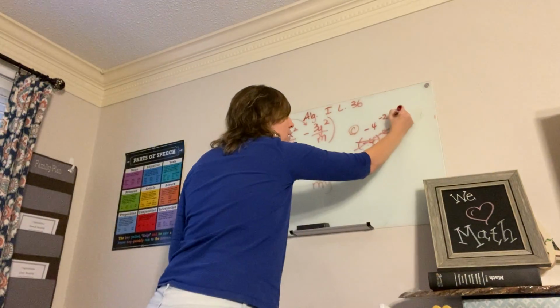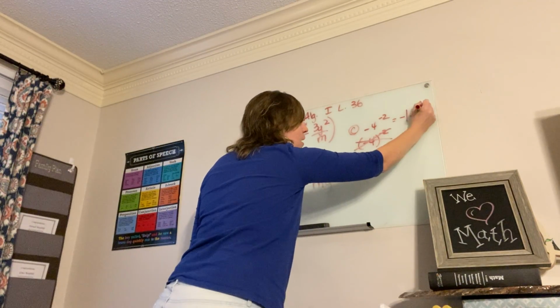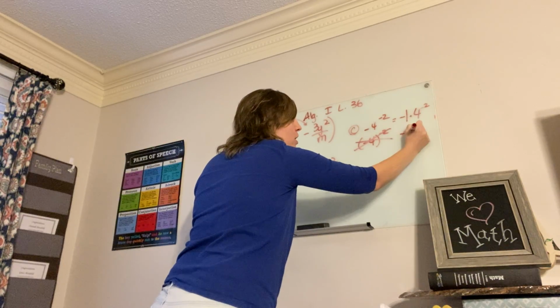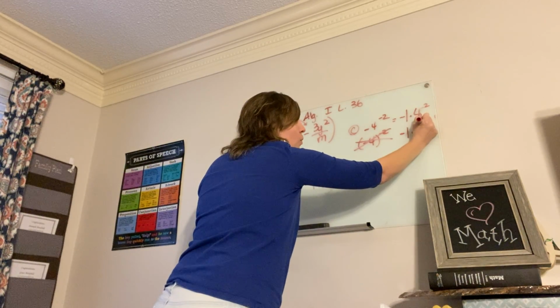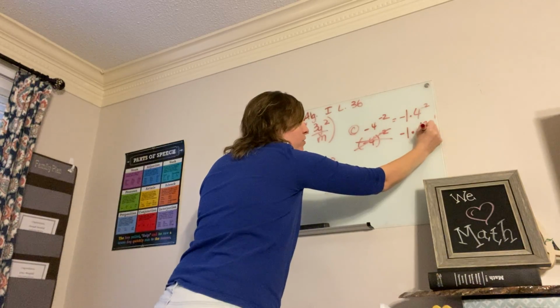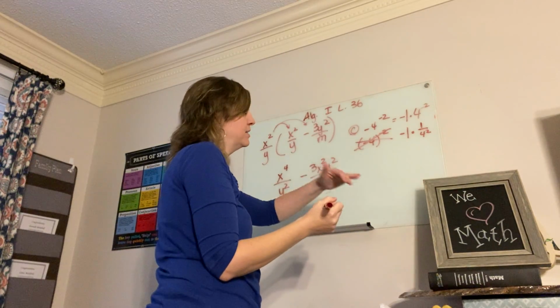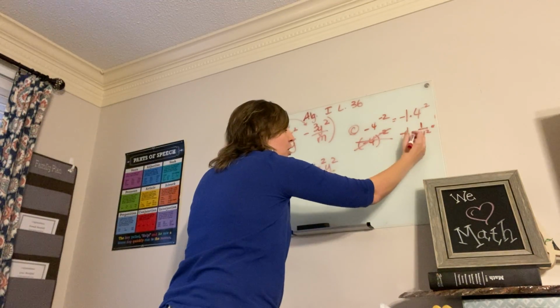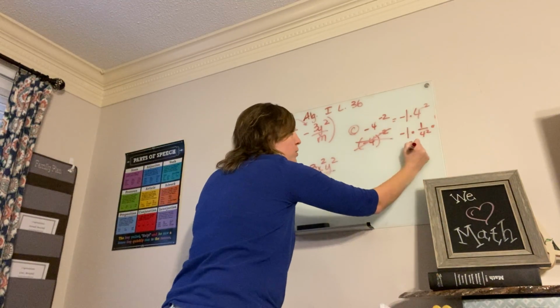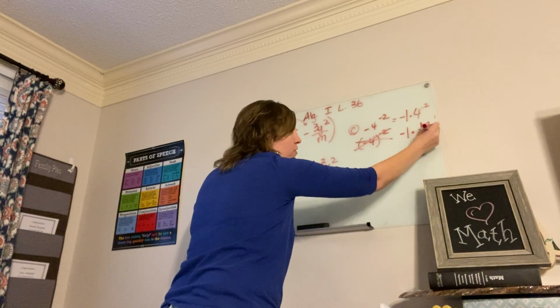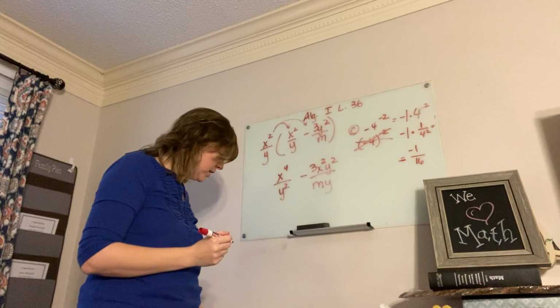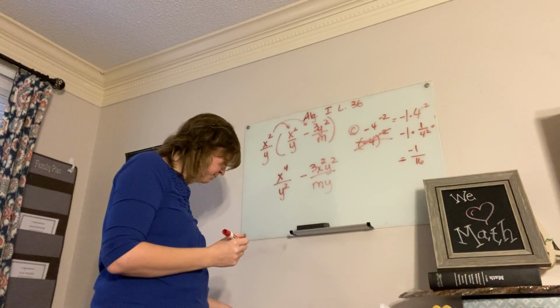So we could rewrite this as -1 times 4 to the -2, so -1 times 1 over 4 squared, because my base is just getting flipped down to the denominator. So my final answer would be -1 times 1 is -1, over 4 squared is 16. So it would be -1/16 is my answer.